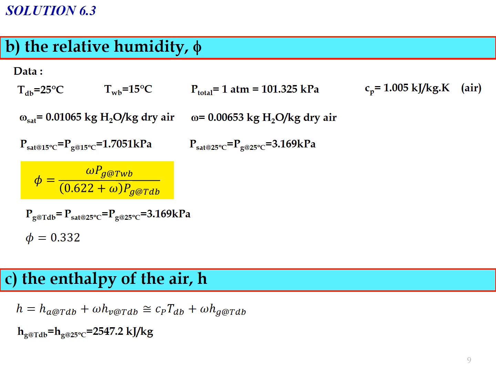Hg at 25 degrees Celsius equals 2547.2 kJ per kg. Substituting all the values, including Cp and the dry bulb temperature, finally we get the enthalpy H equal to 41.8 kJ per kg dry air.